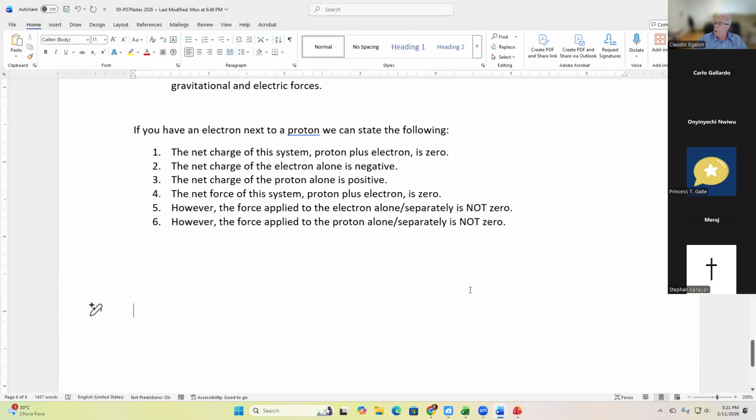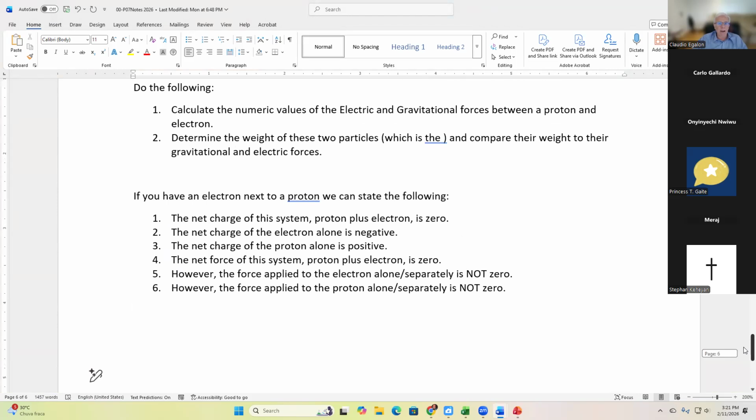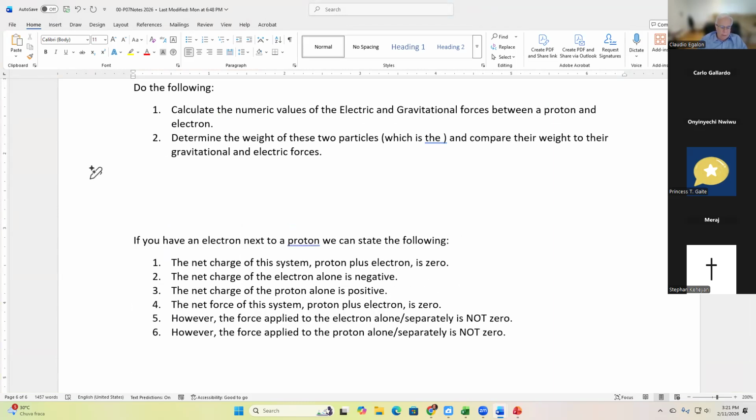Here you go. Those are the six different statements. So let's calculate now the numeric value of the electric and gravitational force between the proton and the electron. Solution.